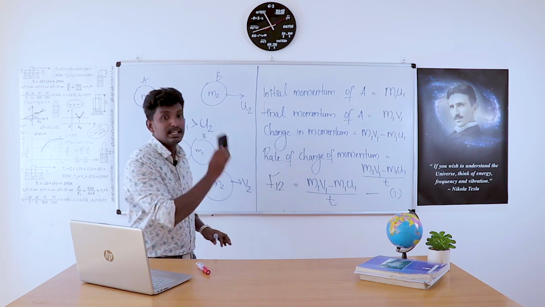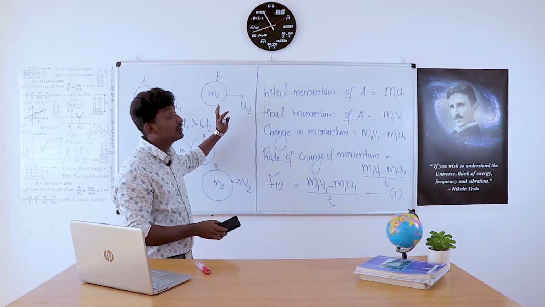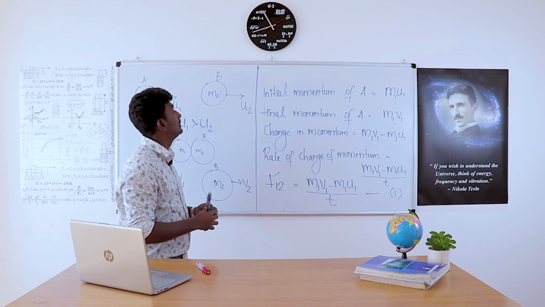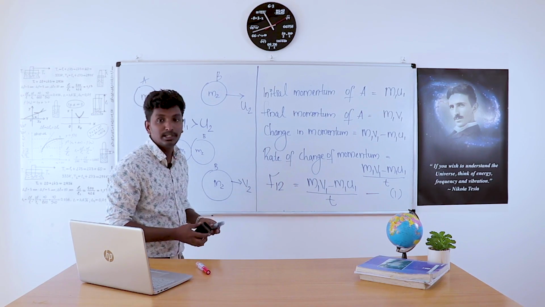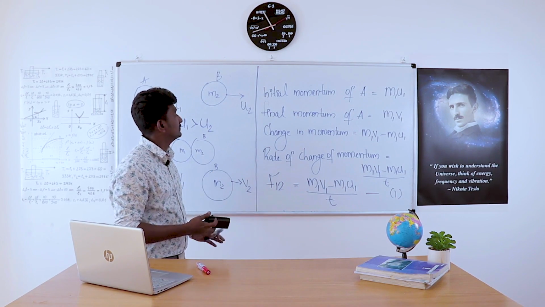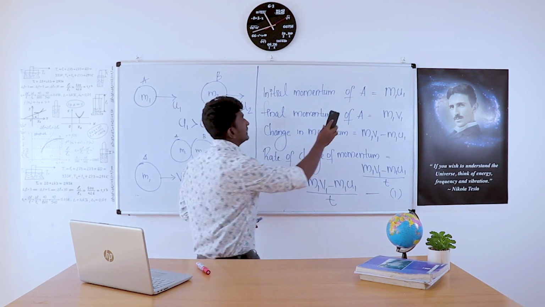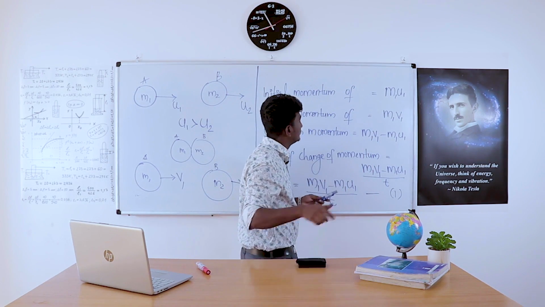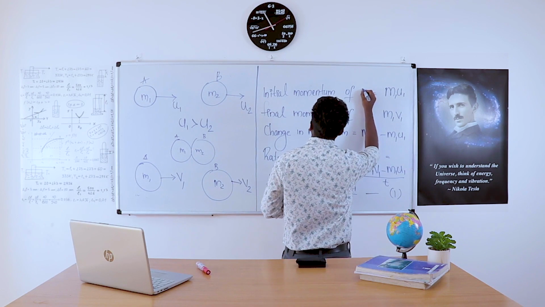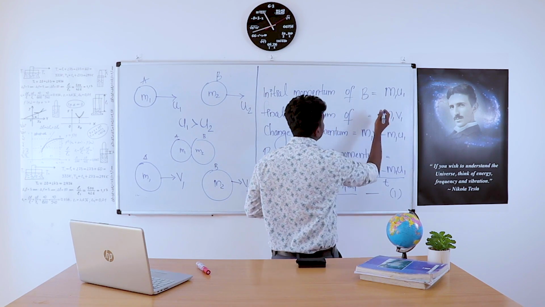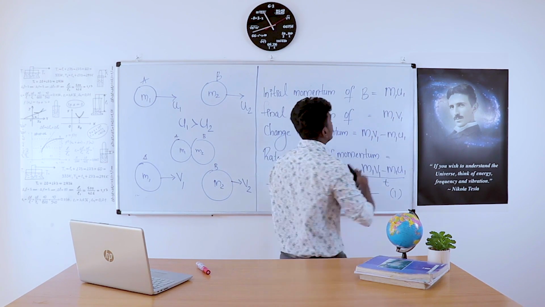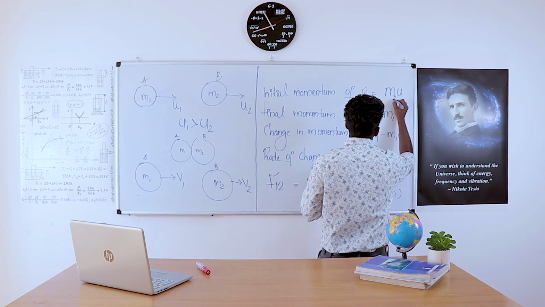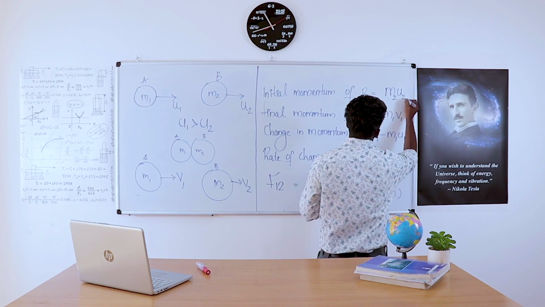In a similar way, we have to find the rate of change of momentum of B. We are going to derive the rate of change of momentum of B. The mass of B is m2 and the initial velocity is u2.